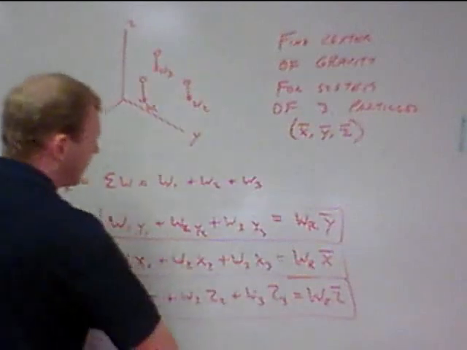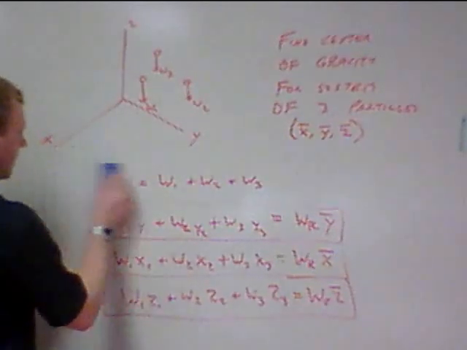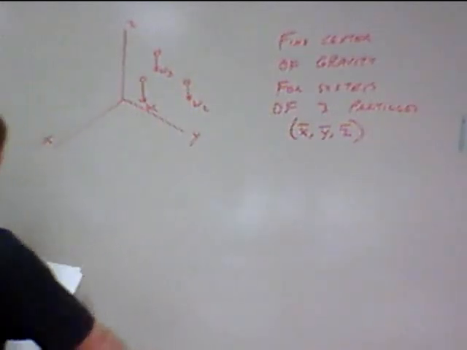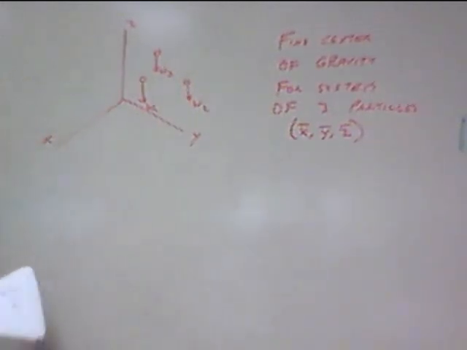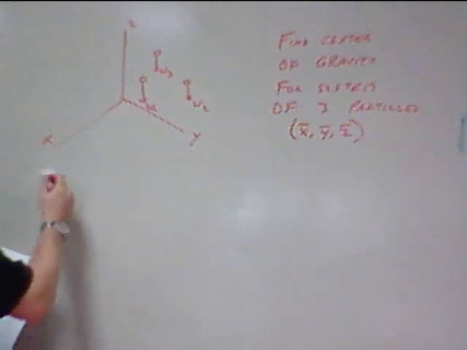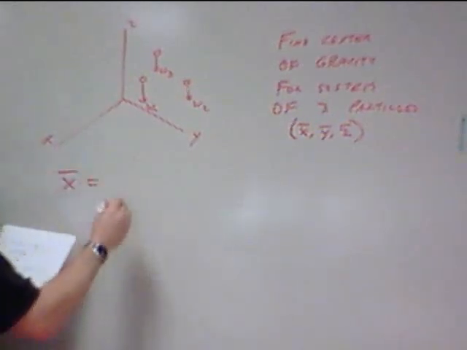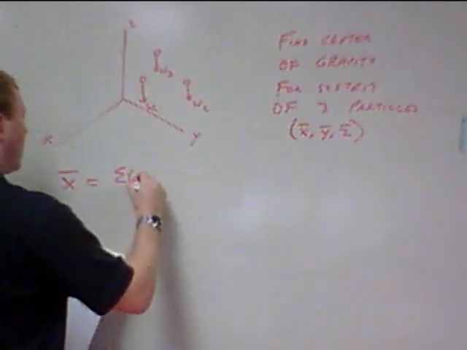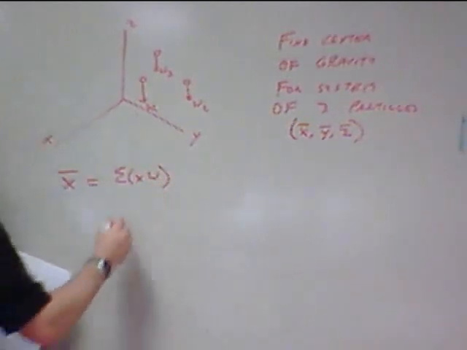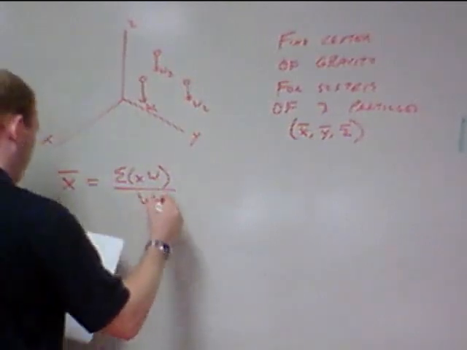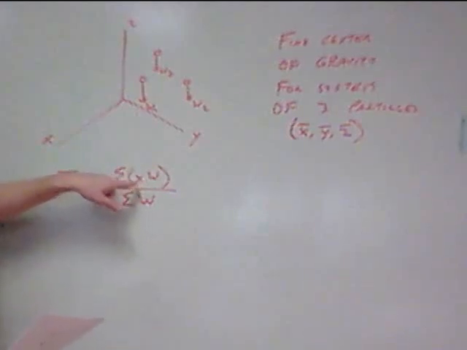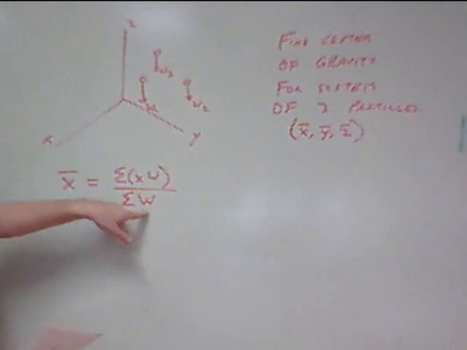So I'm going to rewrite these in general. This reduces to x bar equals summation of xW over summation of weights. So the summation of each particle's weight times its x position divided by the summation of weights.